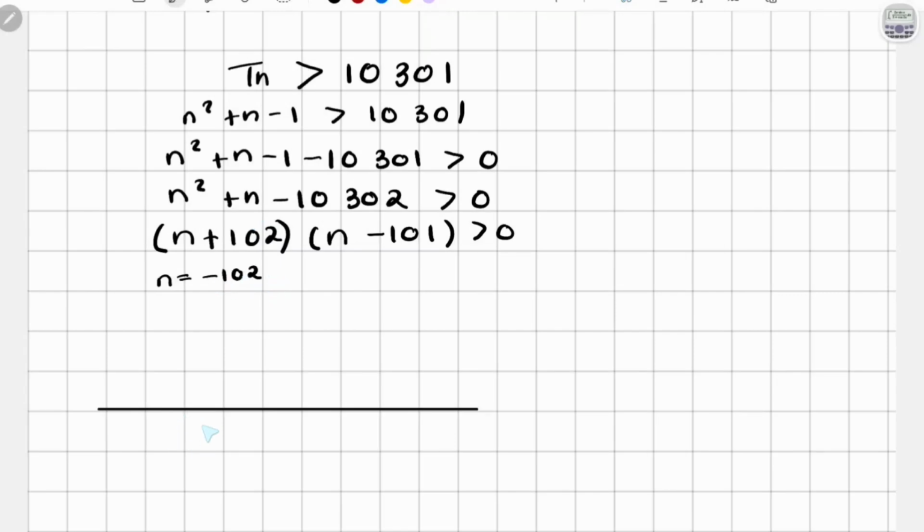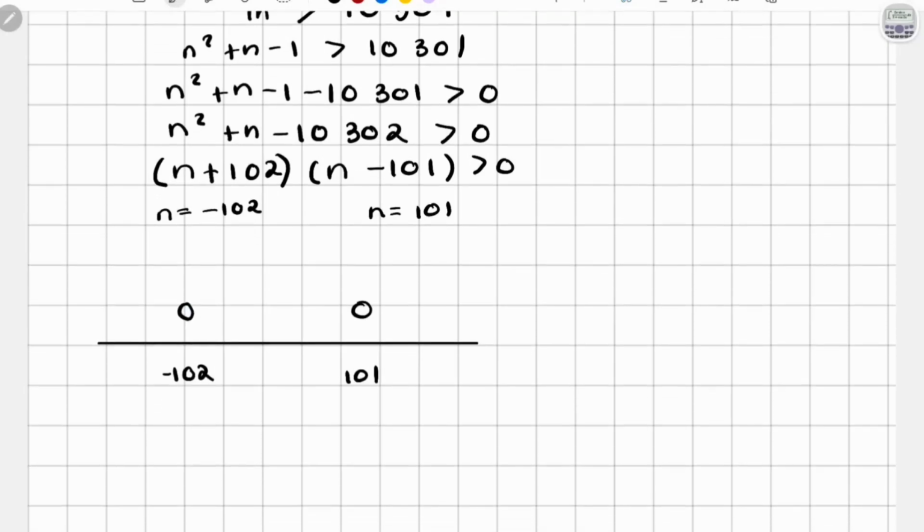Okay, so that one is negative, so it'll go here. So we have first the negative 102, right? And then the second factor that we have is 101. So if you take n is equal to, and you're taking negative 101 over the equal to sign, it becomes a positive 101. So you have 101, right? So I'll put a circle on top of both of them because I'm just trying to decide where they're going.